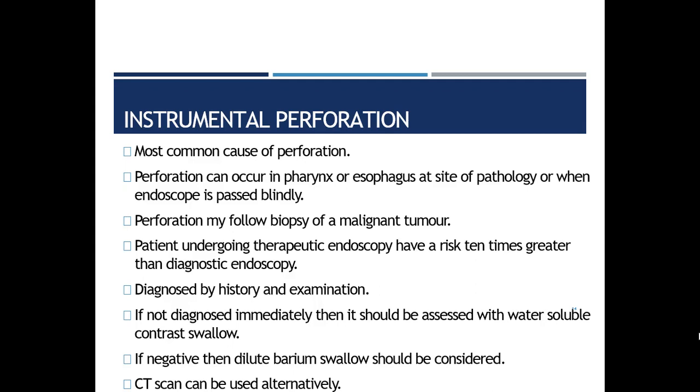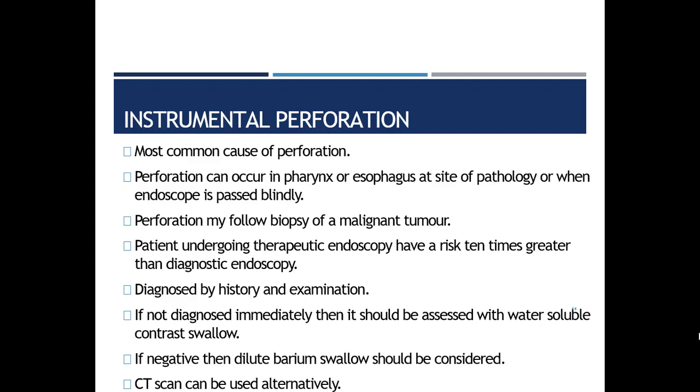Now, instrumental perforation is the most common cause of perforation. Perforation can occur in the pharynx or esophagus at the site of pathology when the endoscope is passed blindly. That's why many people still say first you have to do the barium swallow to see the roadmap, where the obstruction is, and then perform the endoscopy.